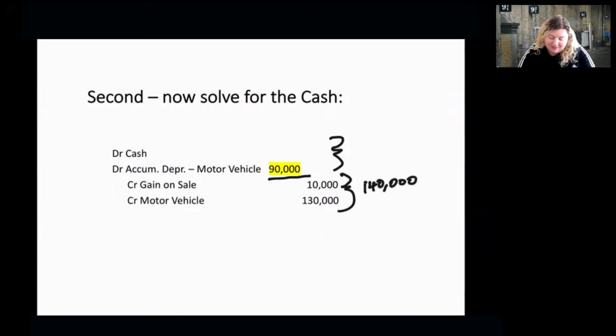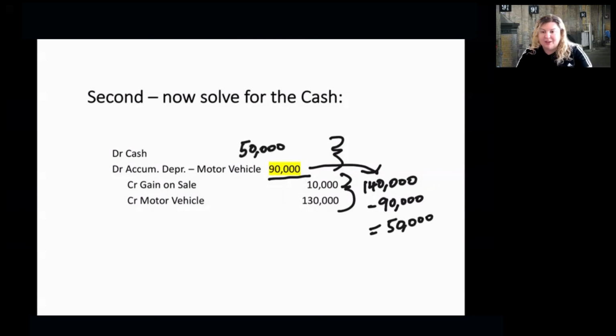Then we minus the 90,000 of accumulated depreciation that we just calculated. That gives us cash must have been 50,000 that was paid for these motor vehicles. So that's it. We've solved for that 50,000.